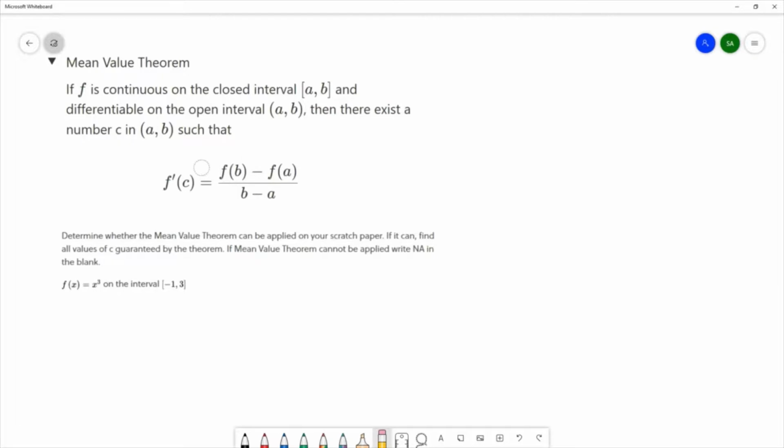So this symbolically will be true, but we need to know what those symbols mean. f prime at c is the slope of the tangent line, and f of b minus f of a over b minus a is the slope of the secant line.